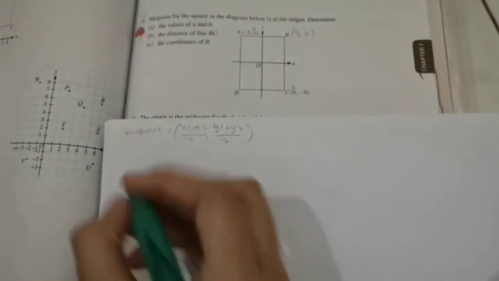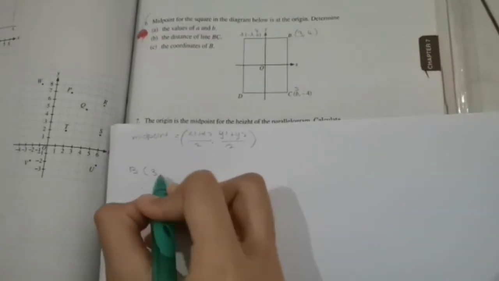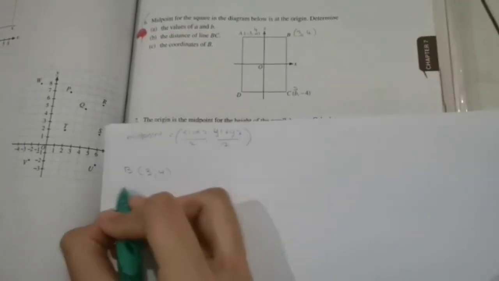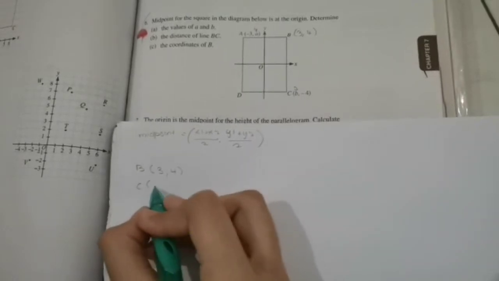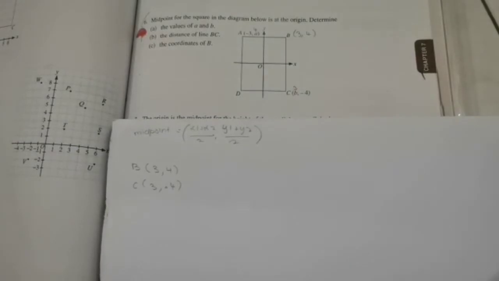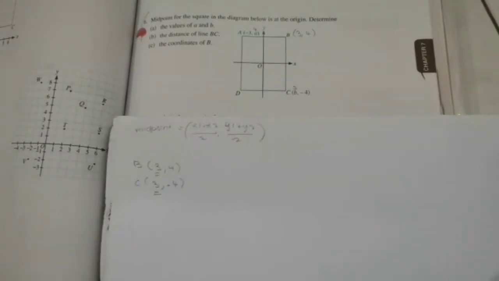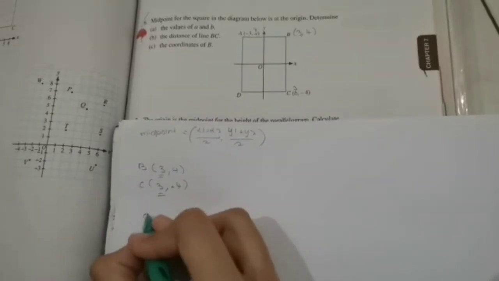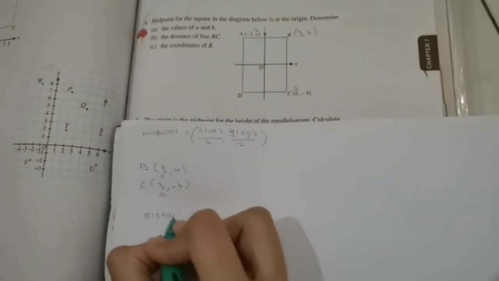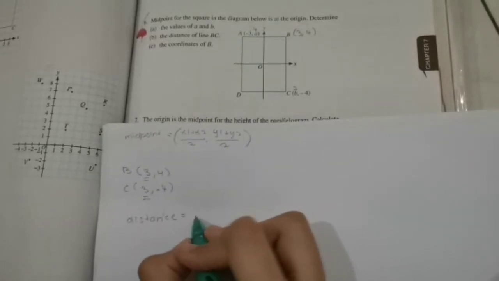Okay, so B is 3, 4, C is 3, -4. Okay, so this is the same. So for distance, minus y.